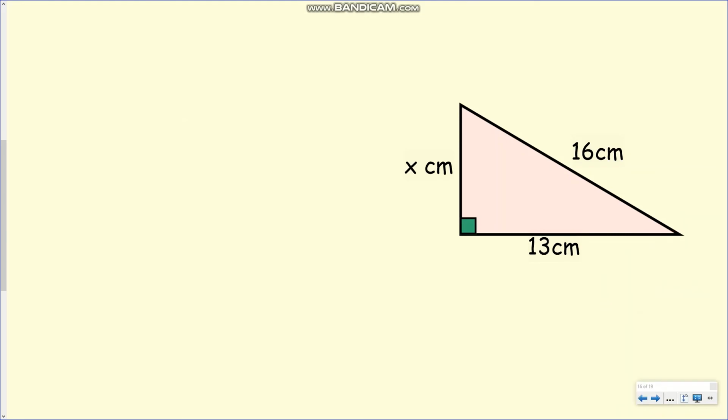One more example. Again, I'm going to write down my formula first: A squared equals c squared minus b squared. Remember, the longest side is always opposite the right angle, so my longest side is 16 in this case. X squared is equal to 16 squared minus 13 squared.